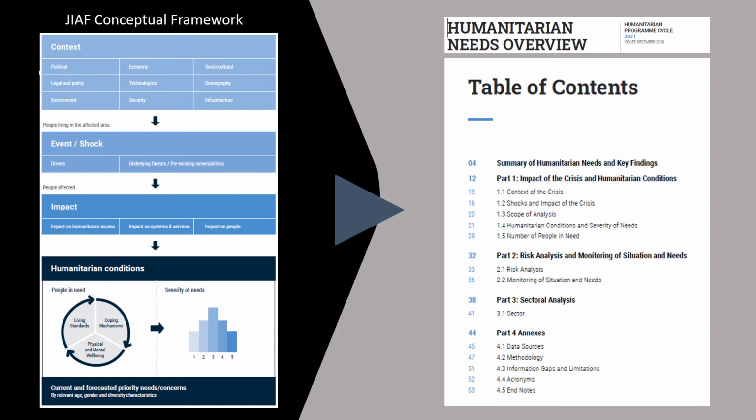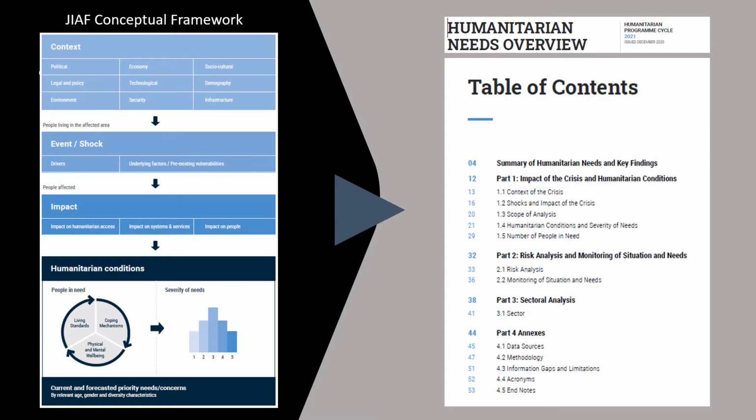The scope of analysis in the HNO, section 1.3, is where we present what people, areas, and themes the HNO will focus on. In a way, it is the conclusion of the first 3 pillars of the JIAF and gives the evidentiary reasoning on what to focus on for the rest of the HNO.